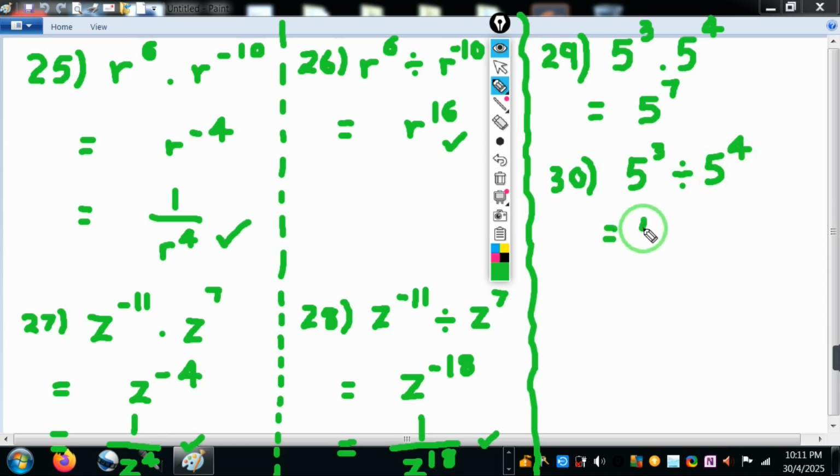The powers when subtracted become 3 minus 4 is minus 1. The wheels on the bus go round and round. 1 over 5. No need to put the 1. You don't have to put the 1 over here. No need. That, my dearest students, is the answer.